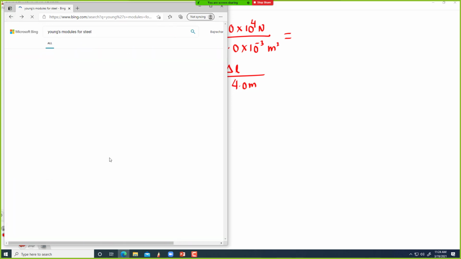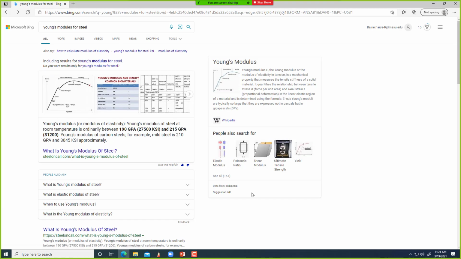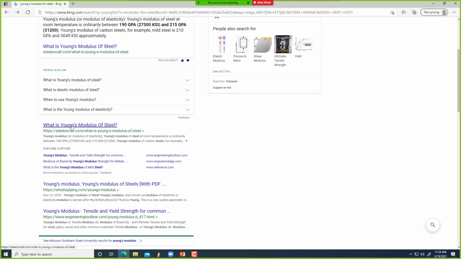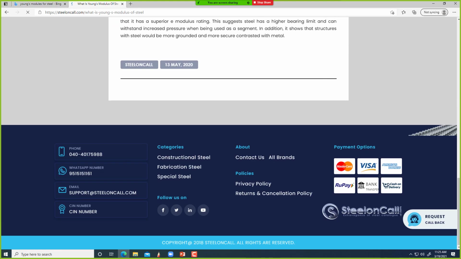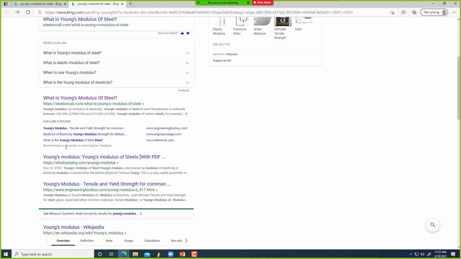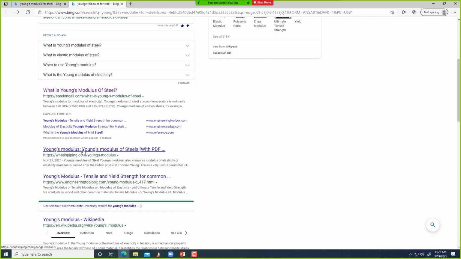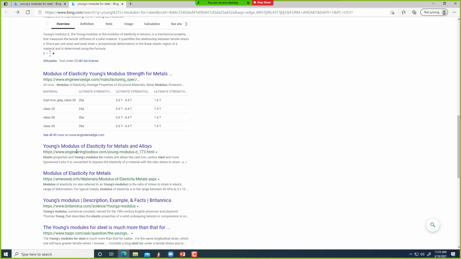If you have a textbook, please look at the value of Young's modulus for steel. Did you find the value?